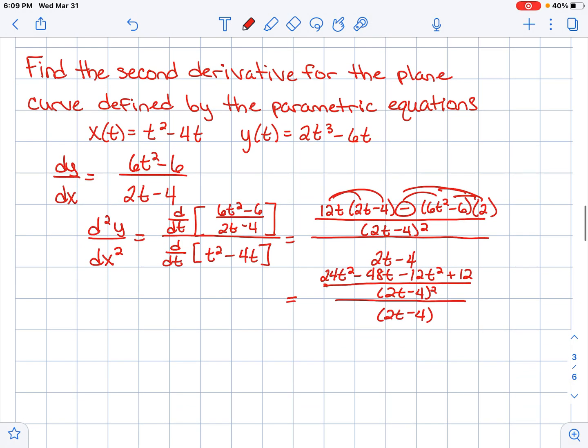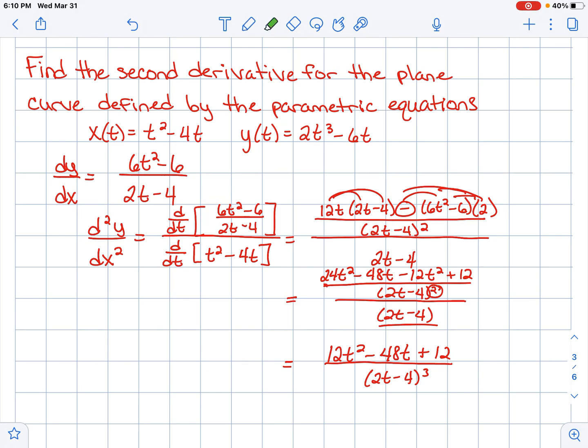So I'm going to combine those 2t minus 4s to make this not a fraction within a fraction. So first of all, in the numerator, 24t squared minus 12t squared is 12t squared minus 48t plus 12. And then these 2t minus 4s will combine with that, so that's 2t minus 4 cubed.